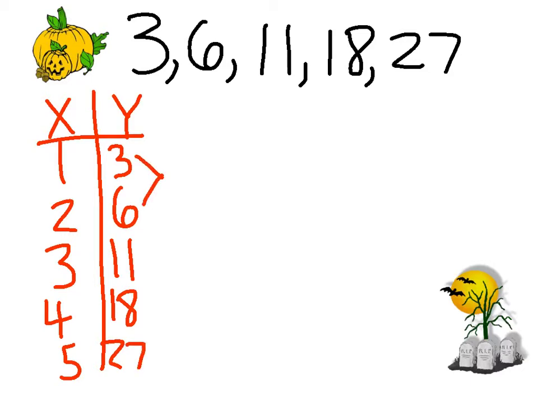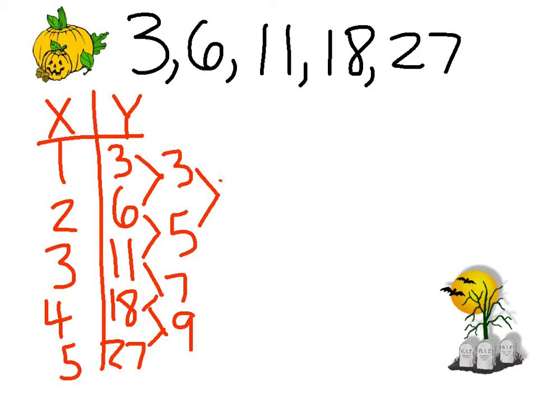We find the difference between our y values. Our differences here will be 3, 5, 7, and 9. Alright, this is not the same number, which means we need to go again, find the difference between these values, which will be 2, 2, and 2.